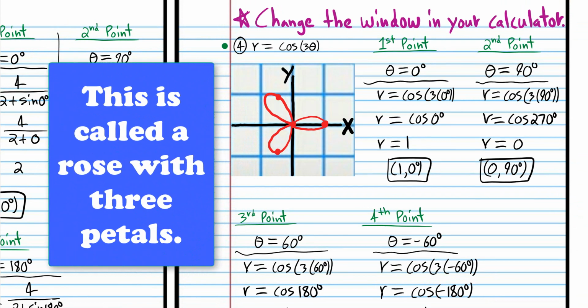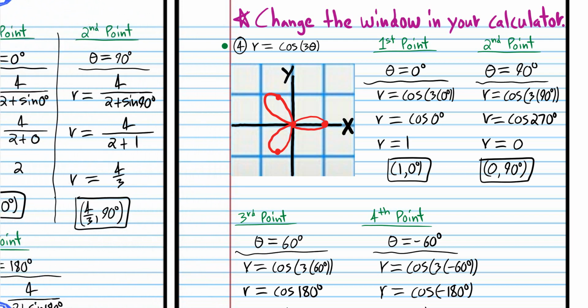Now again, your graphing calculator may look different because the horizontal axis has a different length for the tick marks, and the vertical axis has a different length. I'm not sure why the calculator does that. You might be able to adjust the window on that.